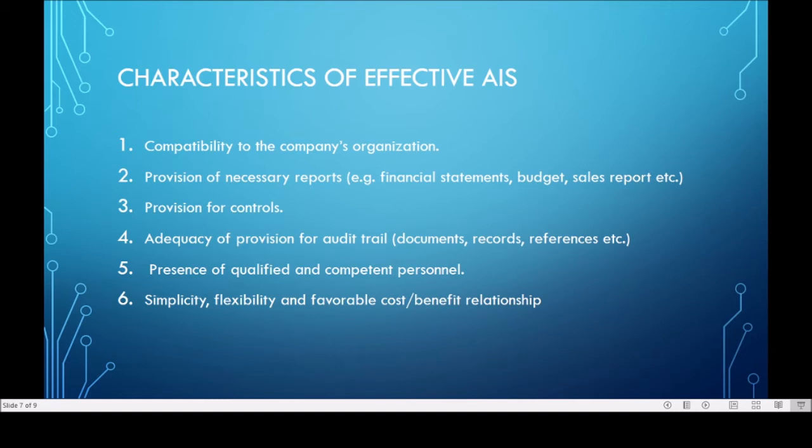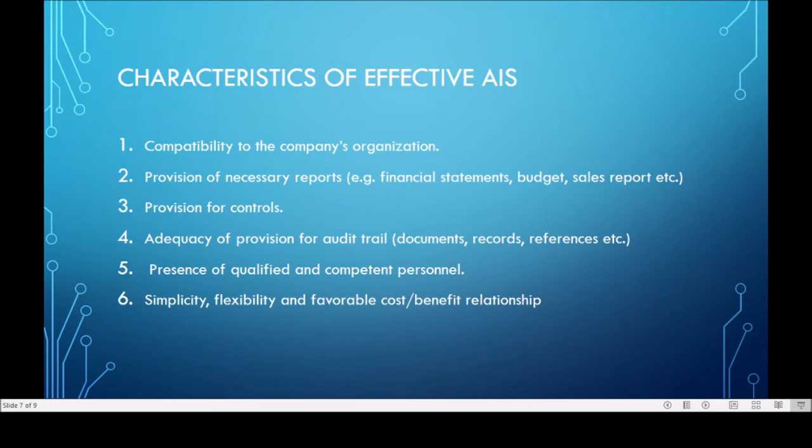For example, if the financial statement provides the value of accounts receivable, it can also provide the subsidiary accounts of that particular accounts receivable. And at the same time, the subsidiary is also supported by certain documents. That is paper trail or audit trail.